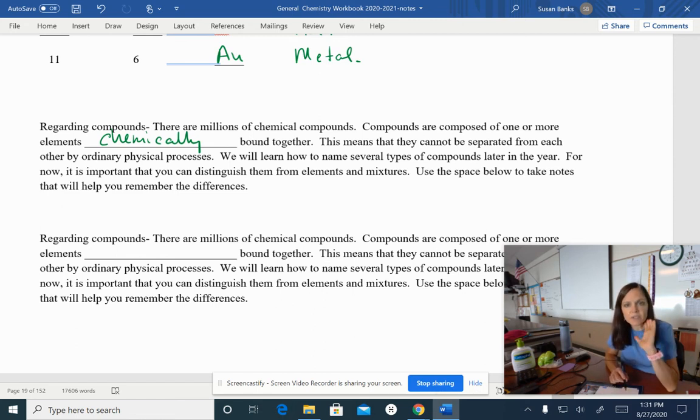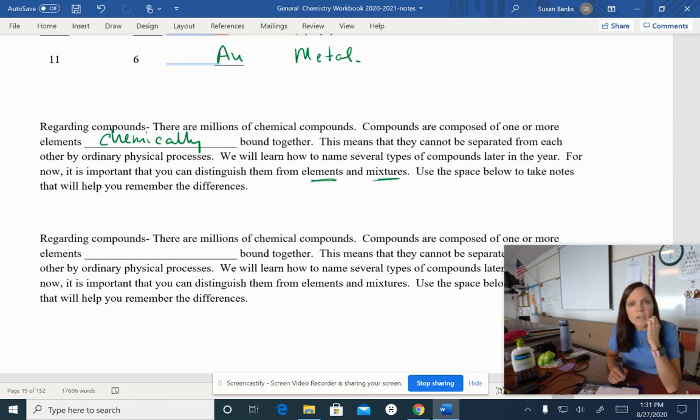We actually have to use a chemical process to separate them. We will learn how to name several types of compounds later on this year. So about December time, we will start learning compounds. For now, it's important that you can distinguish them from elements and mixtures.